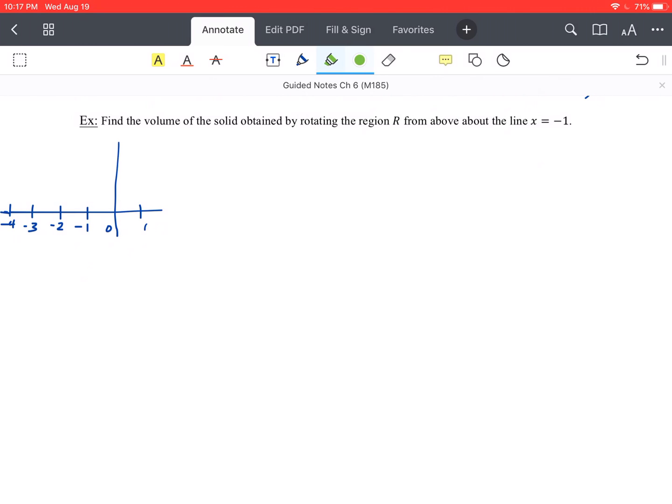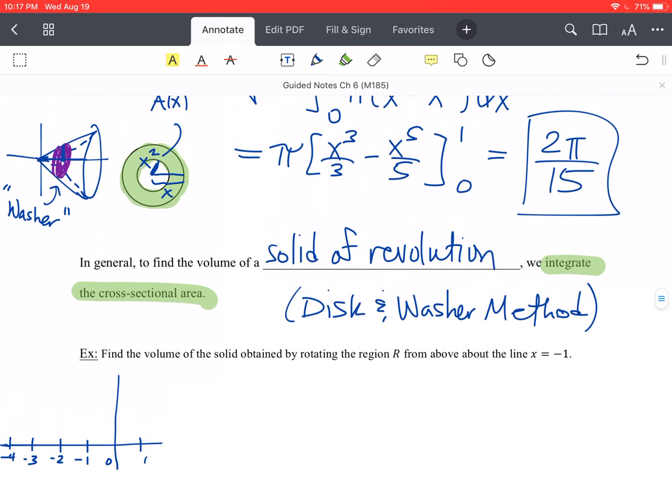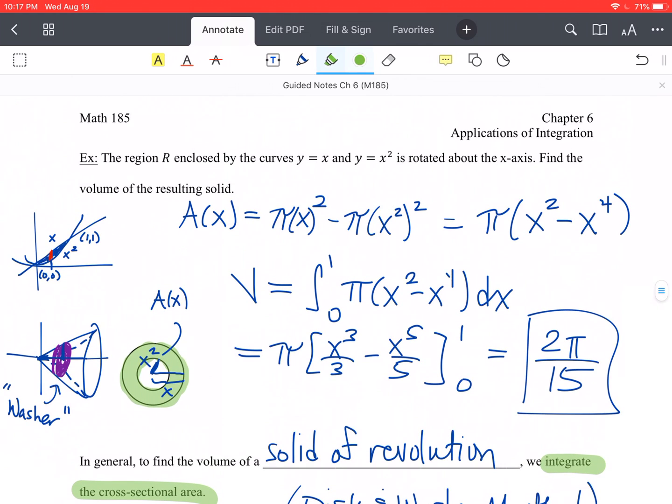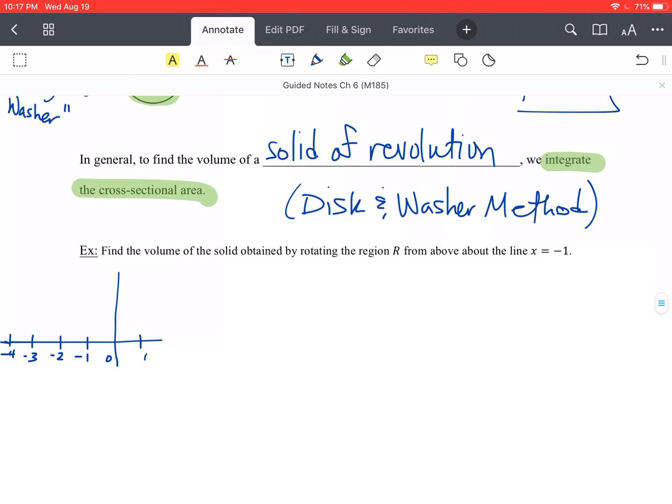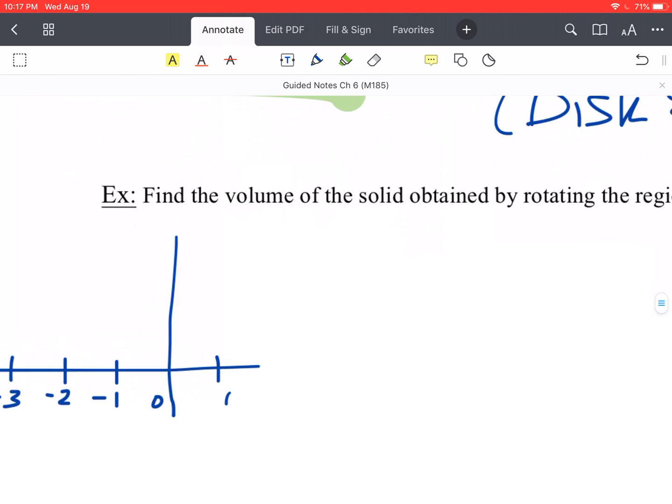Find the volume of the solid by rotating the region R from above about the line x equals -1. So when it says from above, I'm talking about this one. So we're going to use the same region R, from y equals x to y equals x squared. But instead of rotating it about the x-axis, we're going to rotate it about the line x equals -1.